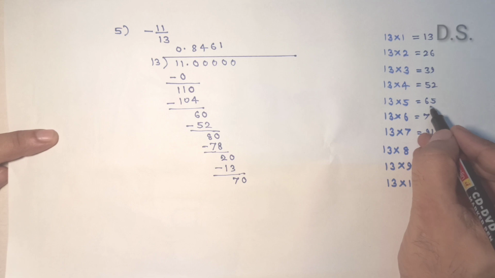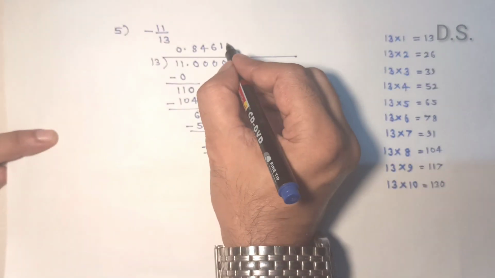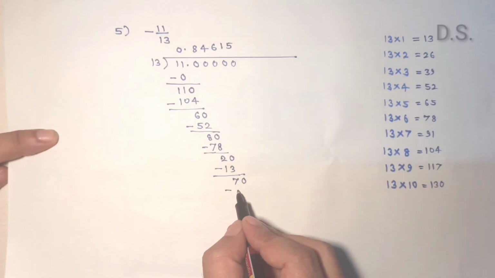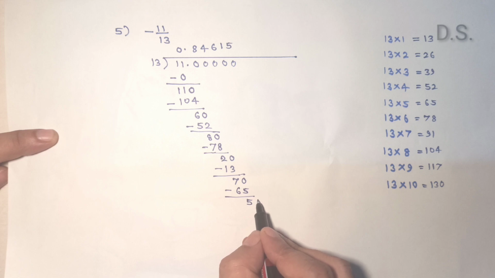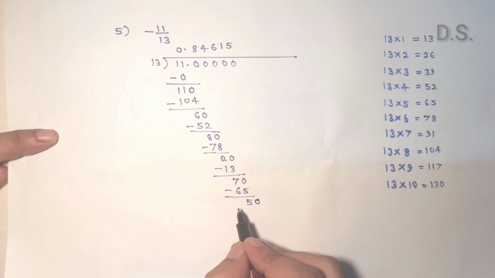Once again here 5 times, so write 5 here, minus 65, subtract, you will get remainder 5 and this 0.